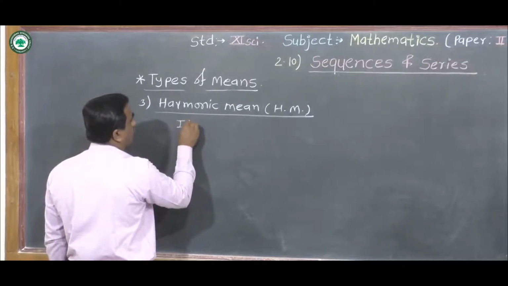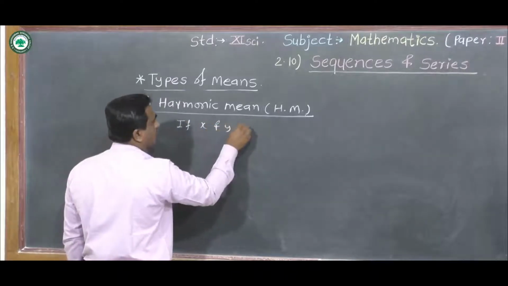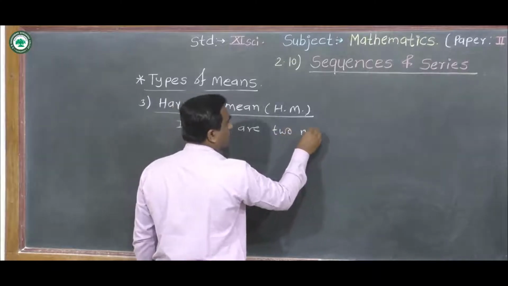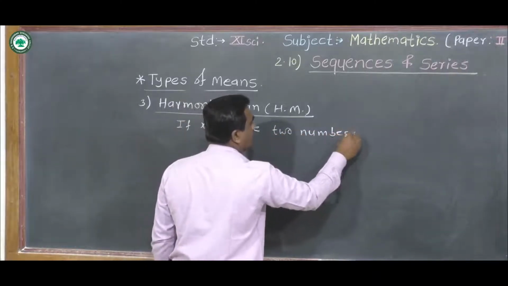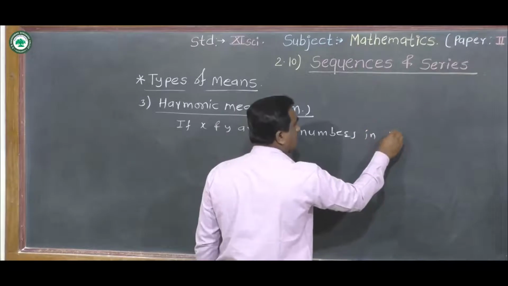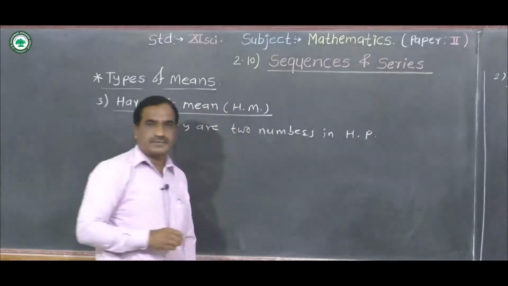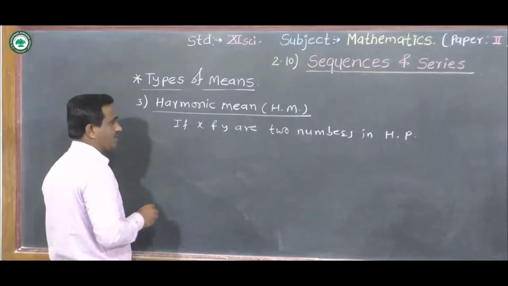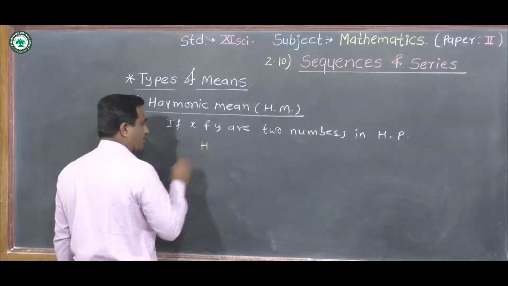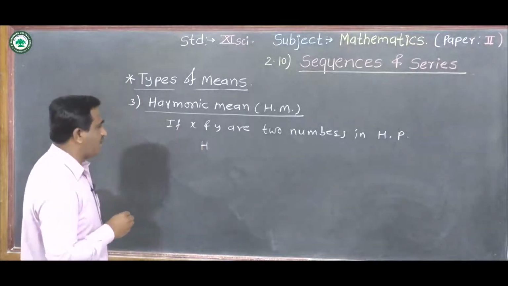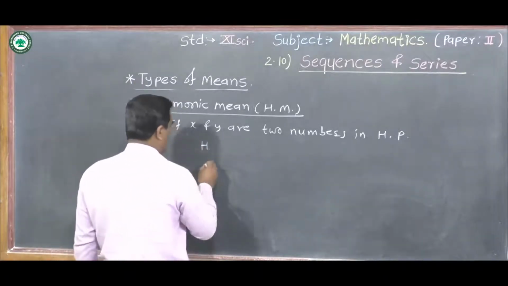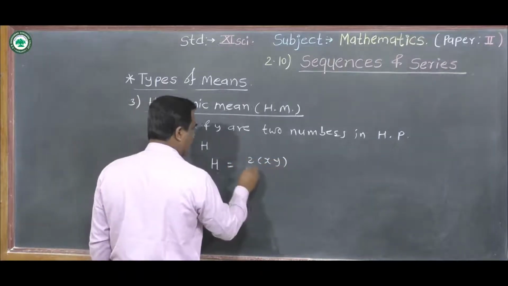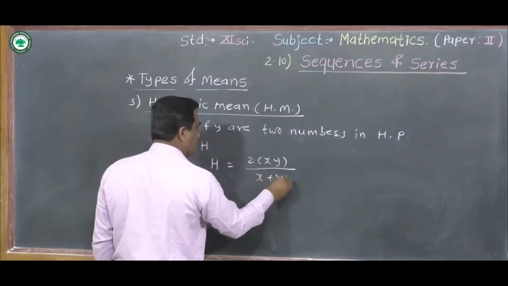If X and Y are two numbers in harmonic progression, then the harmonic mean of the sequence is denoted by capital H, and it is defined by H is equal to 2 into X into Y upon X plus Y.